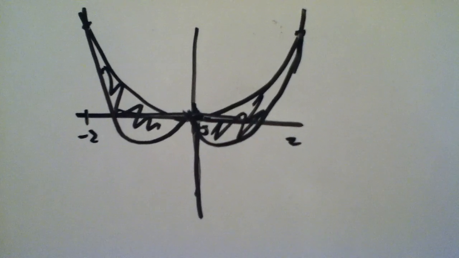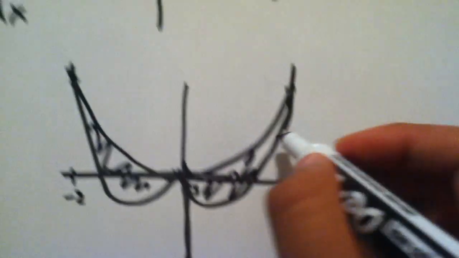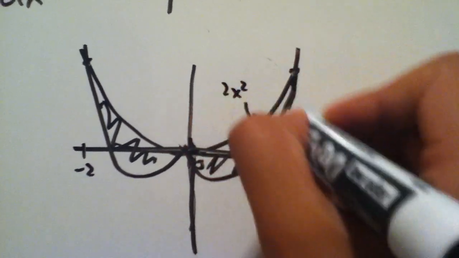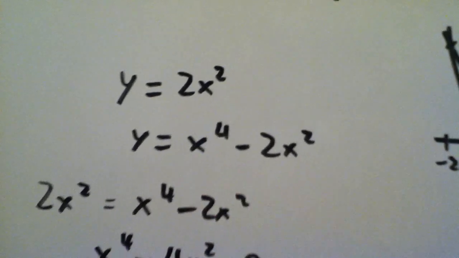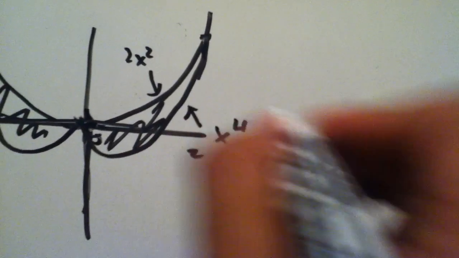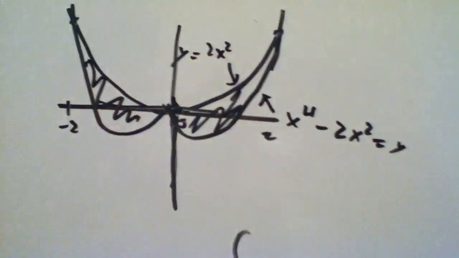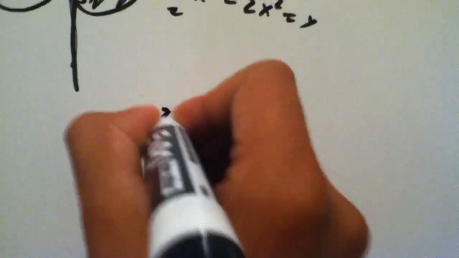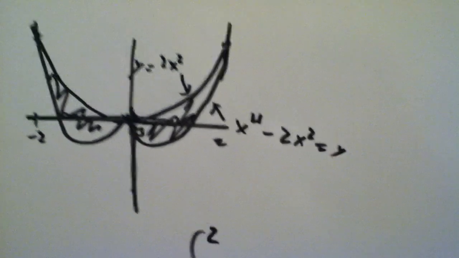So I'm going to write down the integral for this, keeping in mind which one's which. The top one is 2x squared, and the bottom one here is x to the power of 4 minus 2x squared. And we're going to go from 0 to 2, like I said, because it'll make it mathematically simpler to solve.